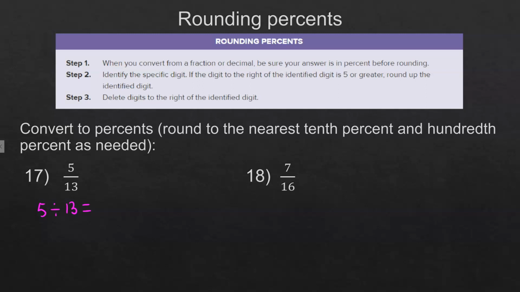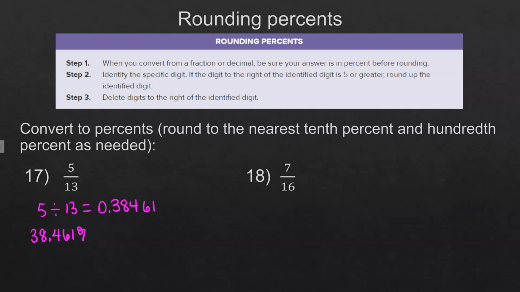And then we're going to write out enough digits so that we can get this rounded. Because remember, I'm going to be moving the decimal 2 places to the right, so I need 5 places to get all my rounding done. So it's going to be 38.461%, and that's before rounding.